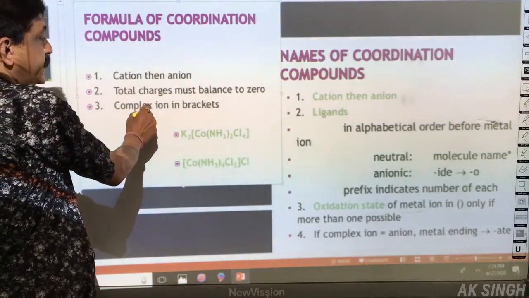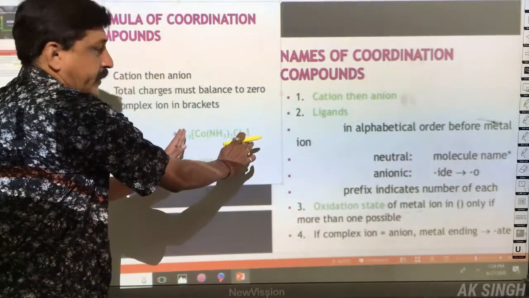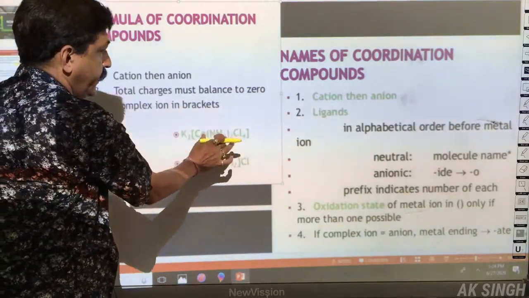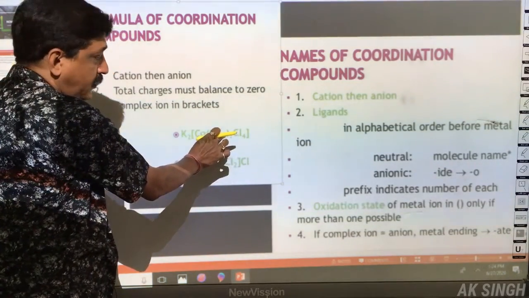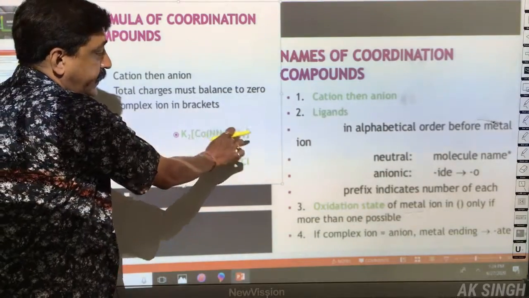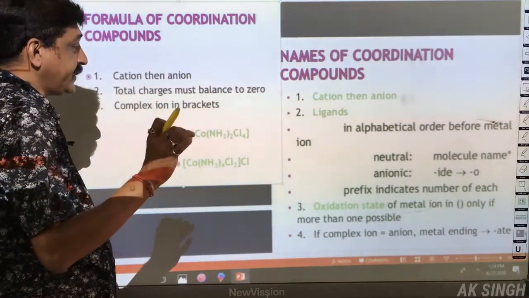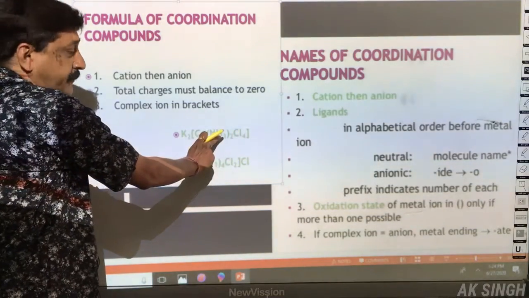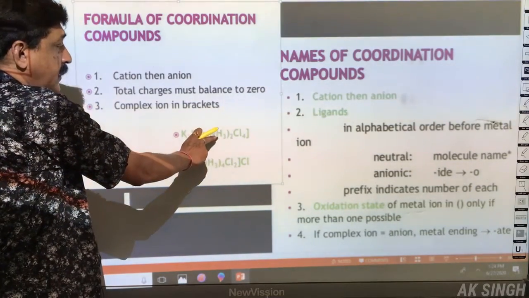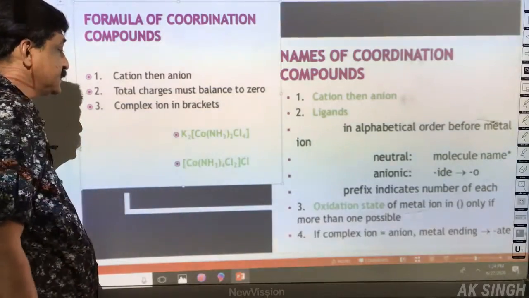Then we have to nomenclate the complex ion in the bracket, this one. For this, we have to show the number of ligands first of all, and the ligands are placed according to the alphabetical order. In this case, this is chlorido, this is ammine. So ammine will be named first and then chlorido.